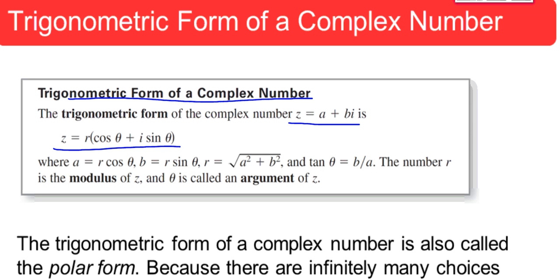And then r is just called the modulus. r is the modulus. And theta is the argument. And those aren't used in general talking a lot of times, but they are the mathematical names of this.